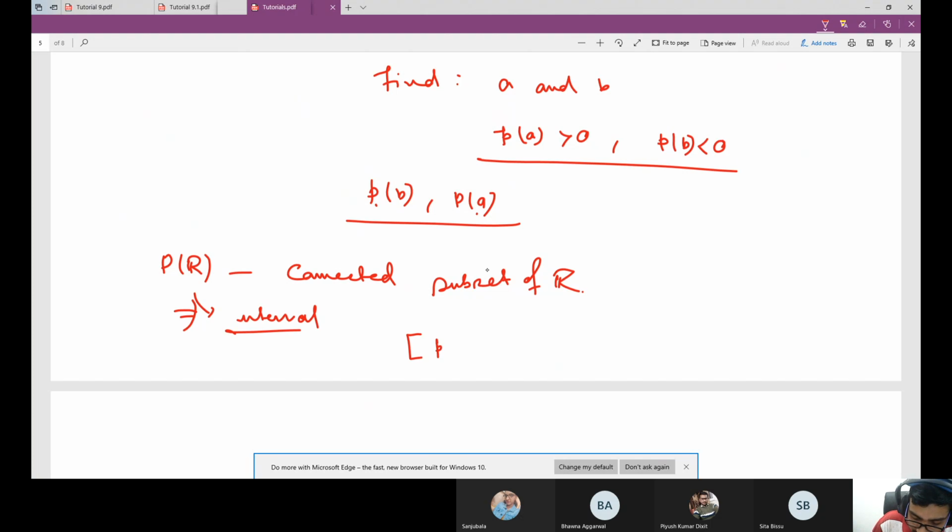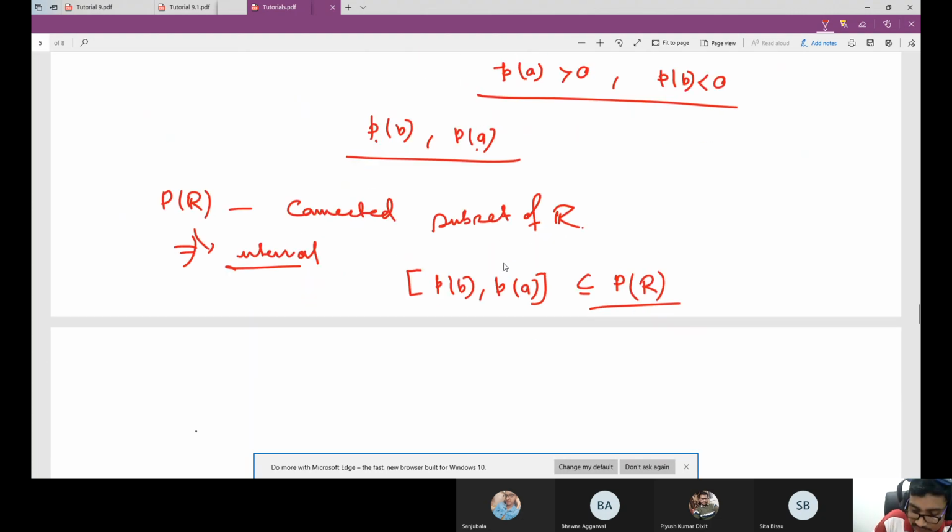Therefore, this [P(B), P(A)] is a subset of P(R), right? But this is negative, this is positive. In fact, 0 belongs to here. So 0 belongs to P(R). P(R) means the image of P. So therefore, there exists some x belongs to R with P(x) equal to 0.